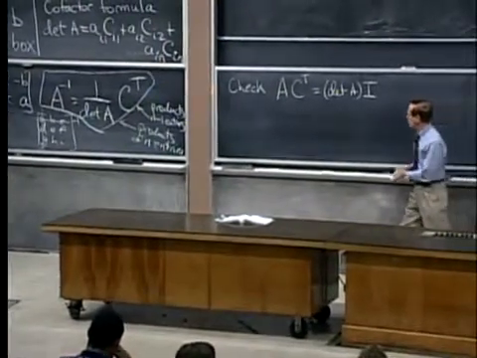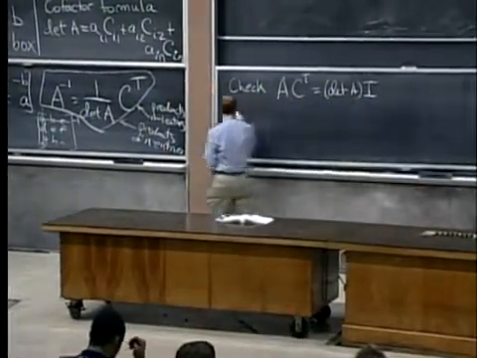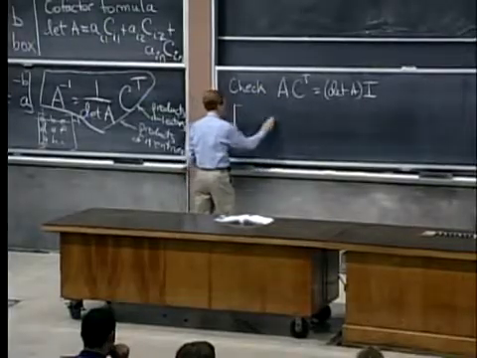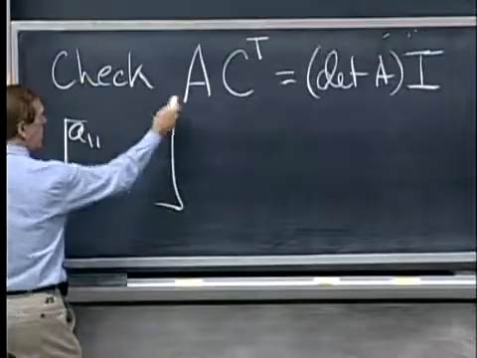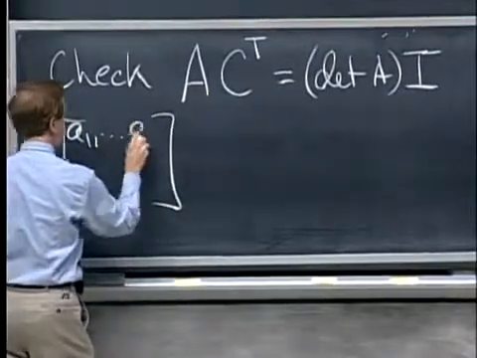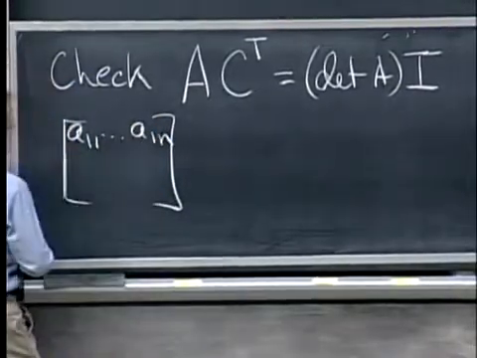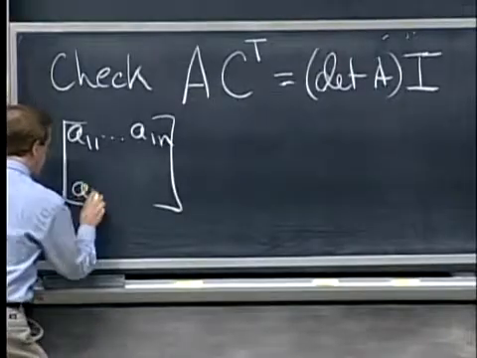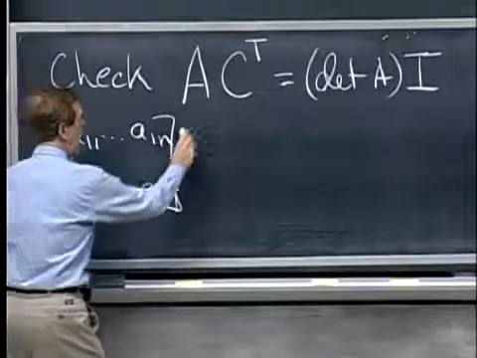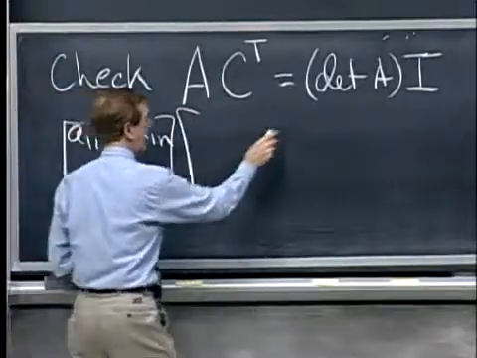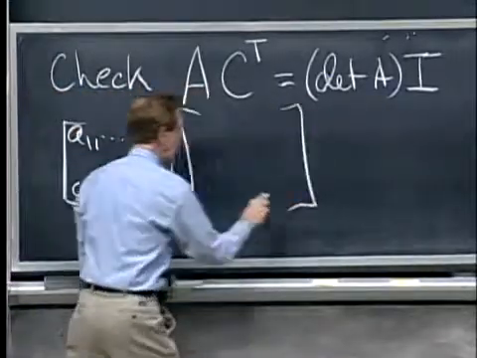Why is that true? Let me put down what I'm doing here. Here's A, with A11 along to A1n, and then down in this last row will be AN1 along to ANN. And I'm multiplying by the cofactor matrix transposed.